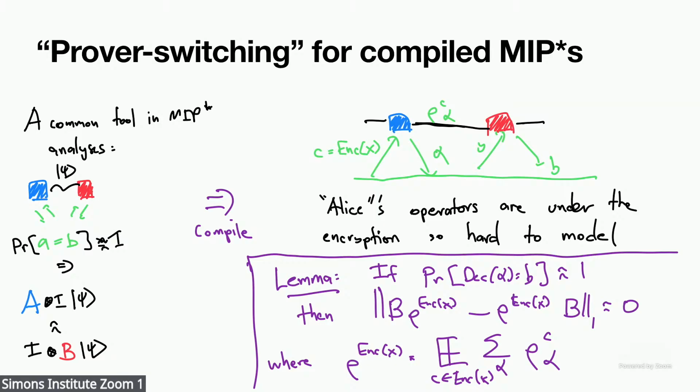Instead of talking about Alice's operator and Bob's operator acting in the same way on the joint state, what we show is that if Bob agrees with Alice, then Bob's operator is close to commuting with the reduced density matrix that's visible to him, averaging over all answers that Alice gave and over all encryptions of the same question X. So the lemma is that if I take the decryption of Alice's answer and she agrees with Bob with high probability, then Bob's measurement operator commutes with the state rho enc of X, where rho enc of X is defined by taking the average over all encryptions of X and summing over all possible outcomes that Alice can give me.